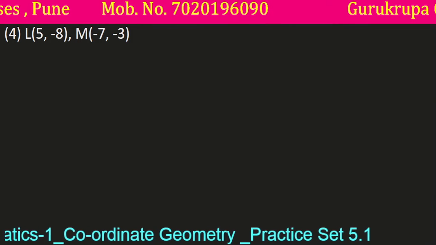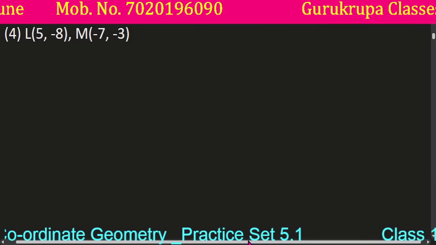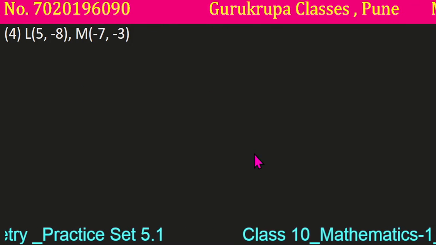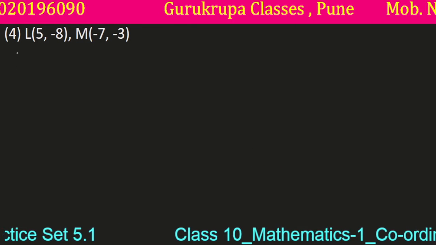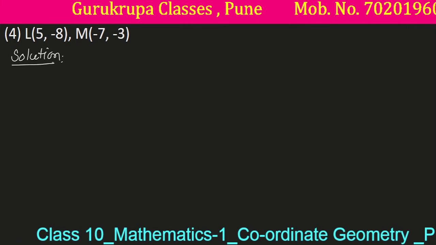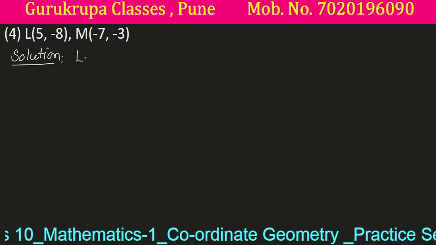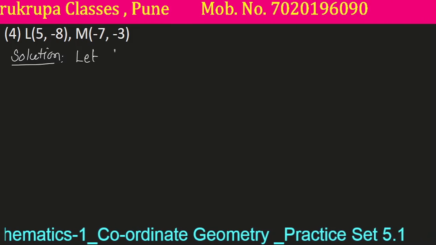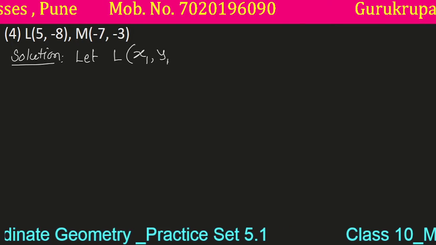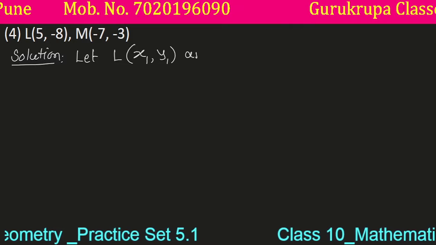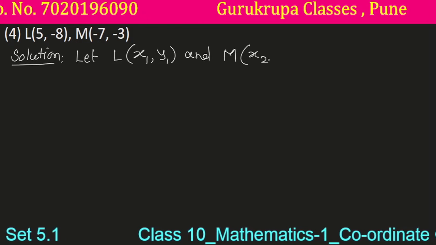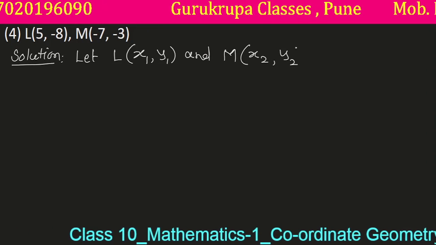In sum number 4, the coordinates of point L are given as 5 and minus 8. The second point, point M, has coordinates minus 7 and minus 3. So here we can write: let L have coordinates (x1, y1), and the second point M have coordinates (x2, y2).